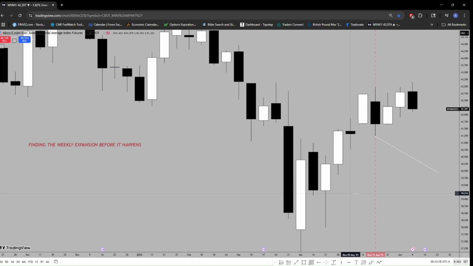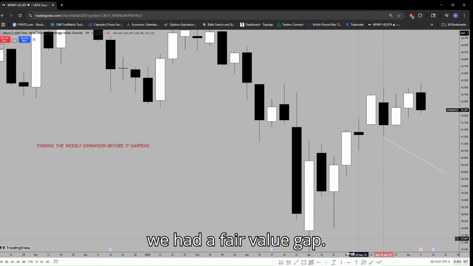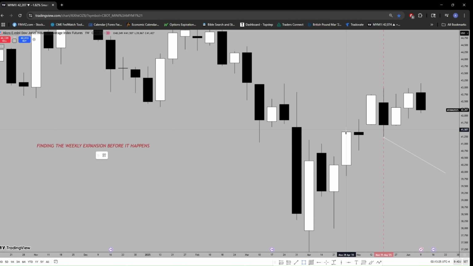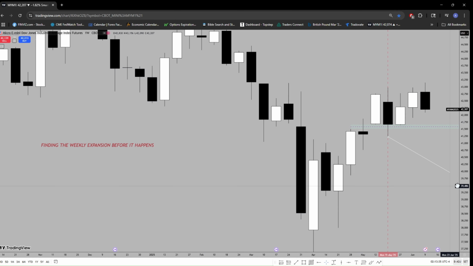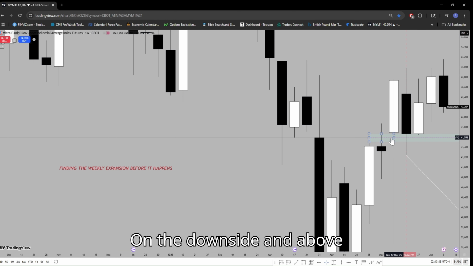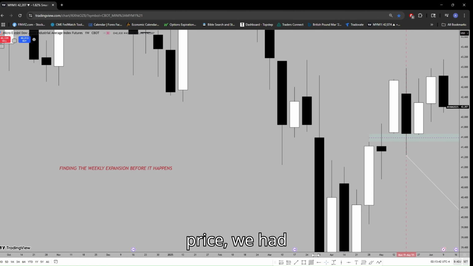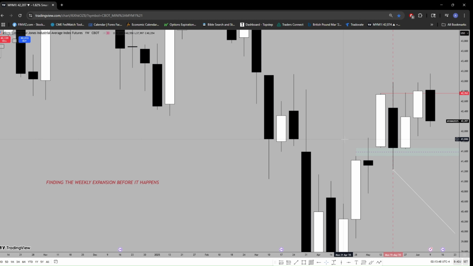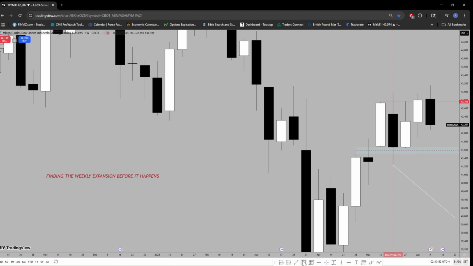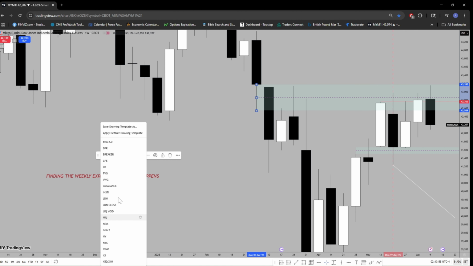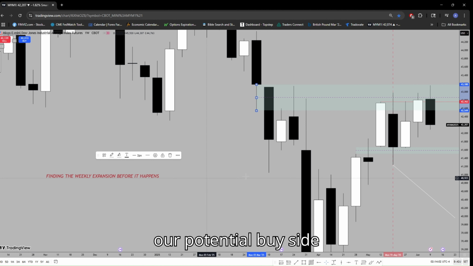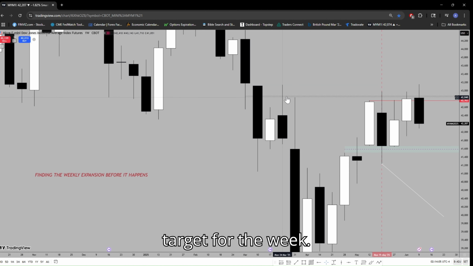So going into this week, we had a fair value gap on the downside, and above price, we had our previous weekly high, and we had our BPR above price, which will give us our potential buy side target for the week.